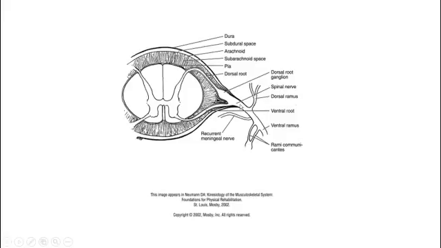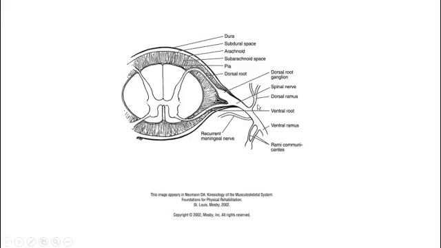So the spinal nerve branches off dorsally and ventrally. I know it's really close to the word root, but root and ramus don't mean the same thing. The root of something would be close to the center, and the branches would be further away. So branch and ramus.